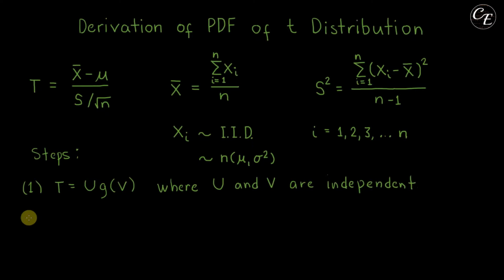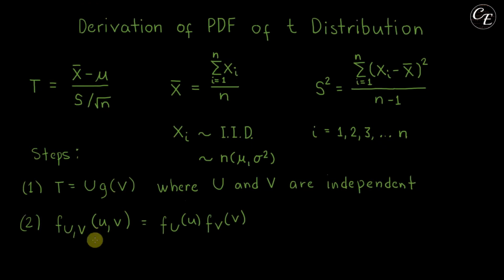Then for step 2, we can determine the joint, or mixed, PDF for this u and v. Since u and v are independent of each other, it is equal to the product of their individual PDFs. So we have the PDF for u and the PDF for v. Now since u and v have known distributions, we can determine their individual PDFs.